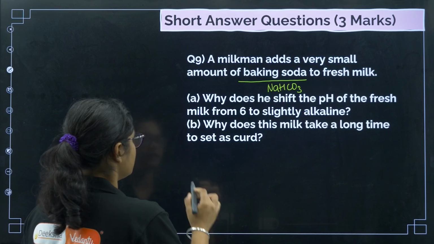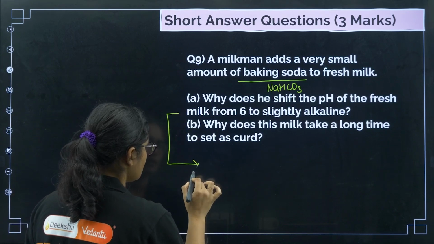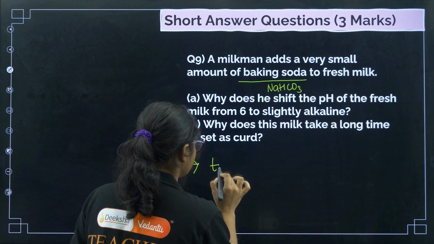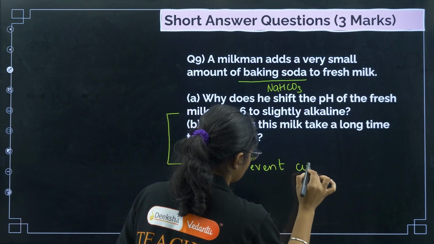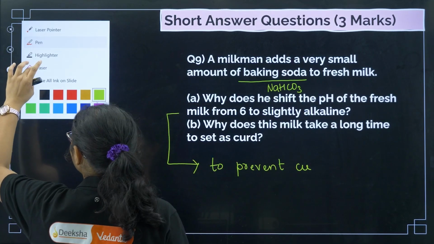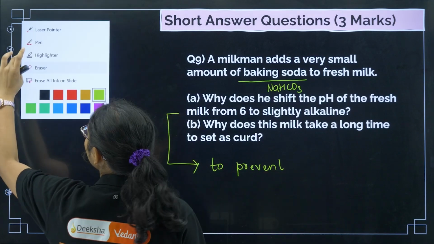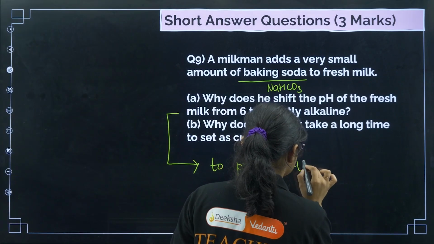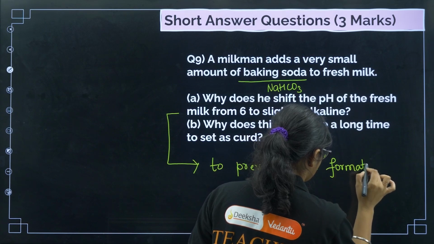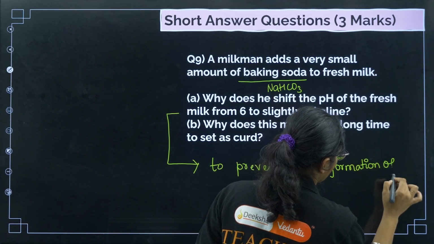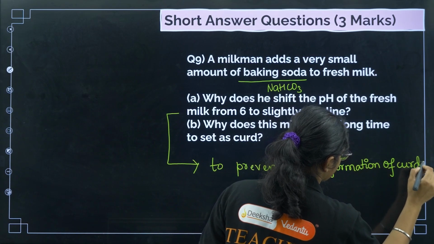Okay, so here you can write down, first just write down why it is done: this is done to prevent the formation of curd.